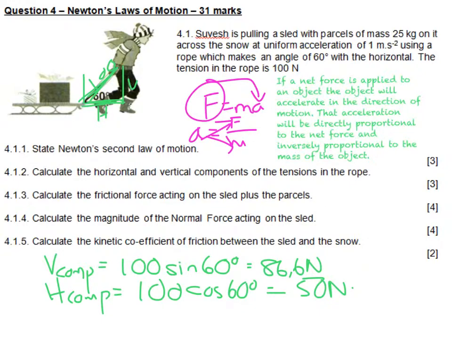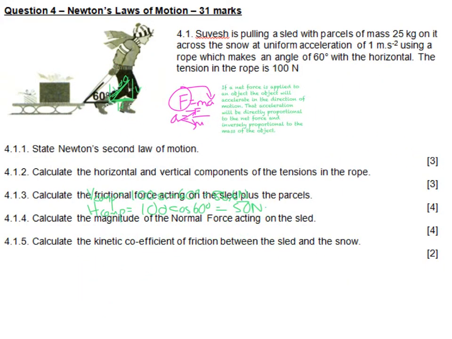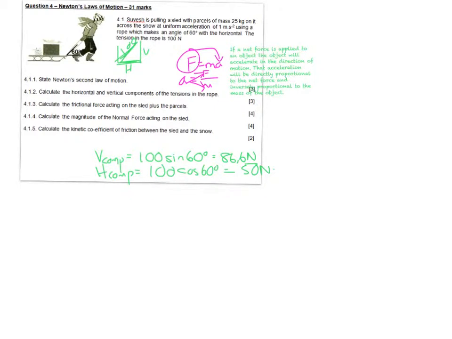Calculate the frictional force acting on the sled plus the parcels. So now this is where things get a little bit more interesting. I'll just move things up there. We now need to consider that only in the horizontal direction do I have a forward force as well as frictional force. So the forward force is only the 50 newtons.